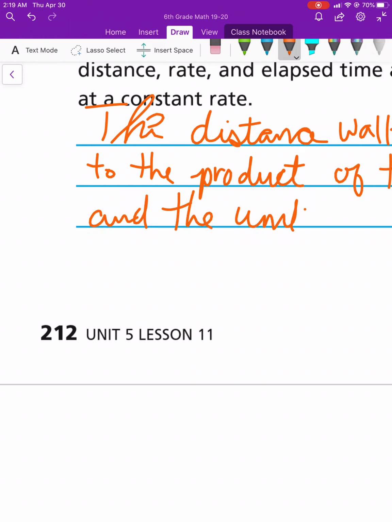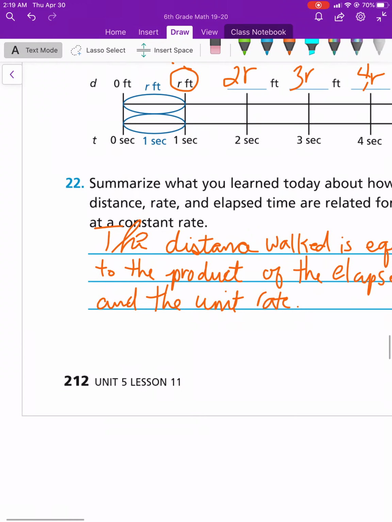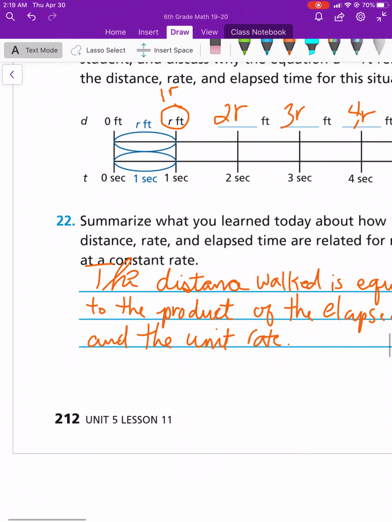So what that means is that if R is 1, then it has to be 2R, 3R with direct respect to time. And that's just how it works.